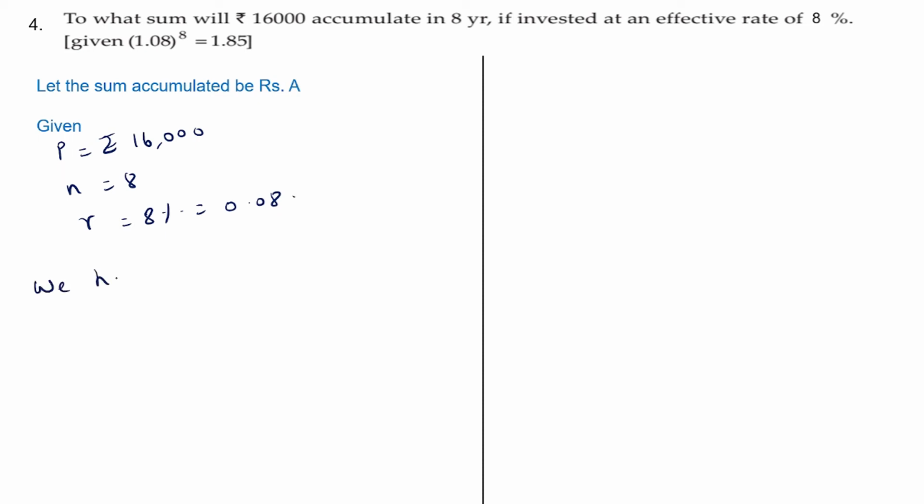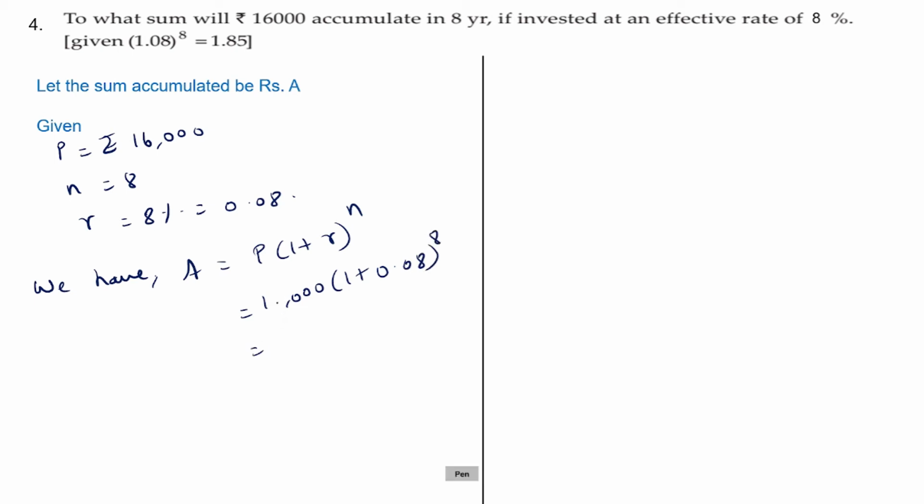So it is the usual formula which we have studied. We have A is equal to P into 1 plus R the whole raised to N. So here P is 16,000 into 1 plus R, which is 0.08, the whole raised to N, which is 8.